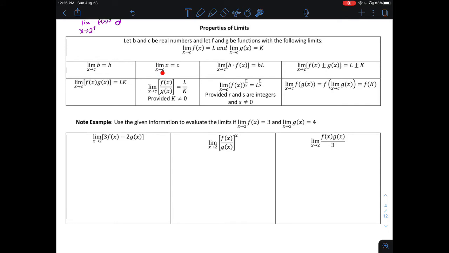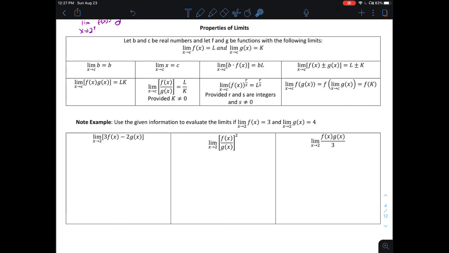No matter what x value I put in as x approaches, for the function y equals x, I'm just going to get whatever my x value originally was. It seems complicated, but in terms of using properties of limits, the limit of a constant is equal to the constant, and as x approaches c, the limit of x is going to equal whatever the x value is going towards.